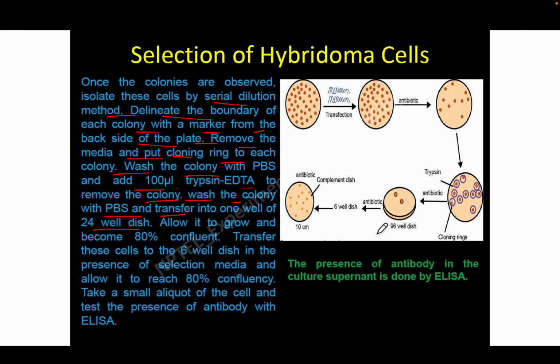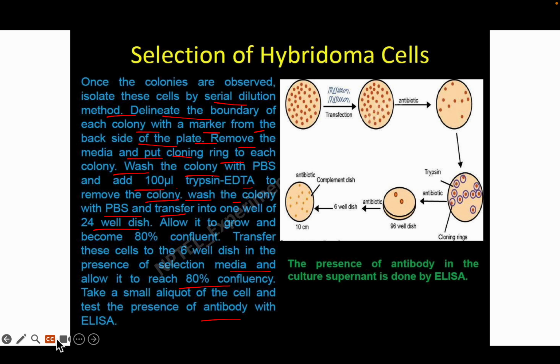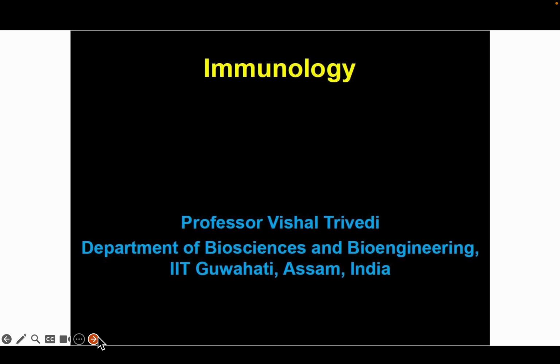Then you transfer the cells to a 6 well dish in the presence of selection media again, and allow it to reach 80% confluency. Take a small aliquot of the cells and test for the presence of antibody with ELISA. This is how you select your hybridoma cells or fused cells.